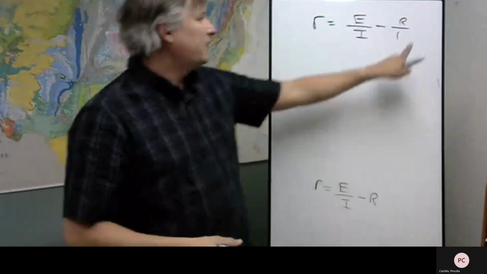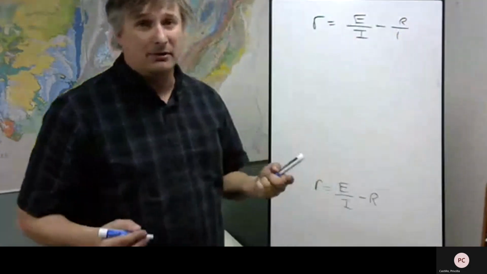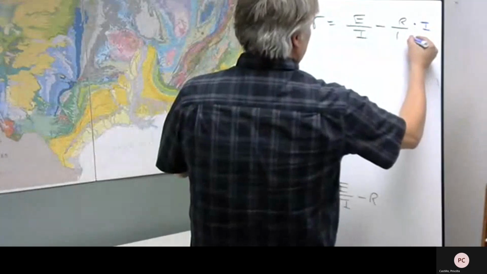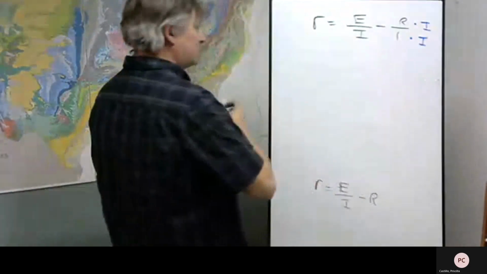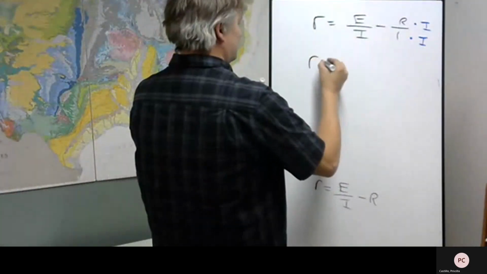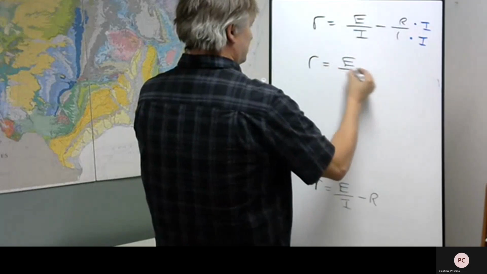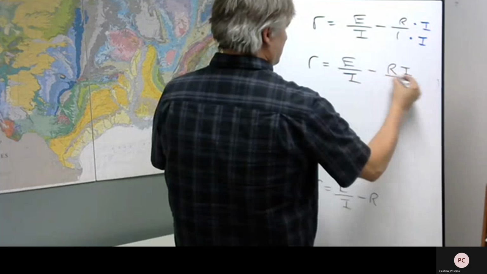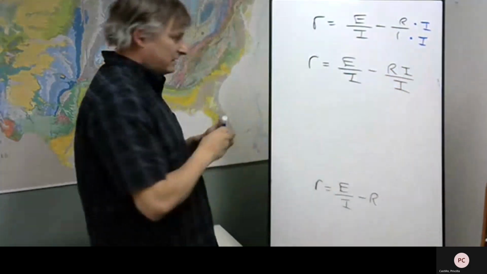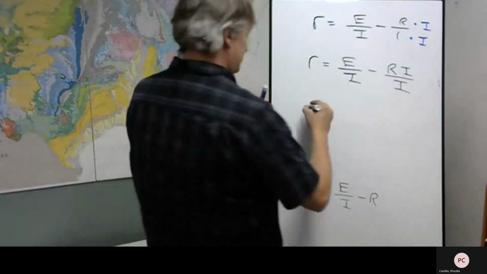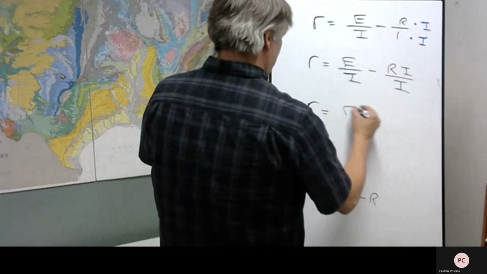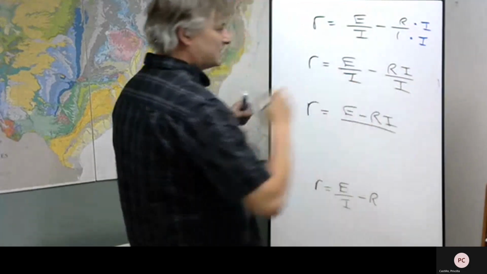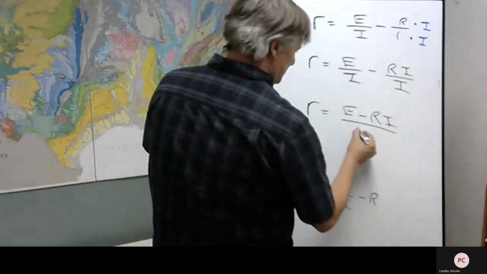So let's multiply top and bottom by capital I. Now combining, or now they have a common denominator is what I mean, not like terms.